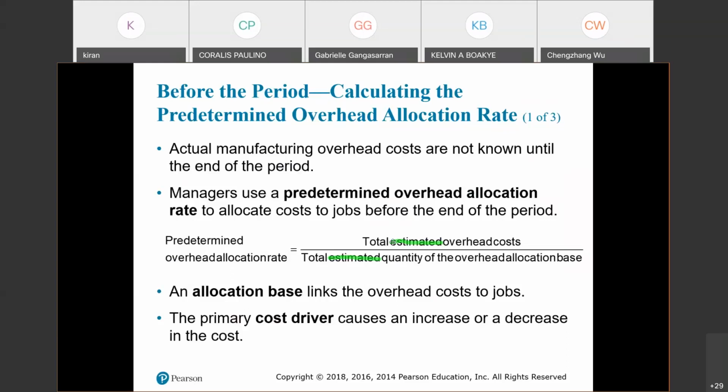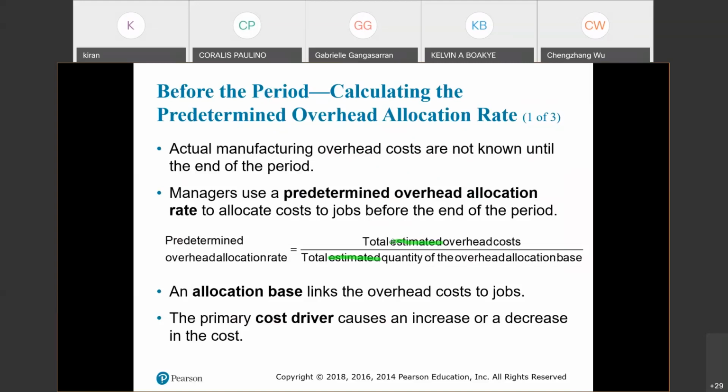Ideally, the allocation base is the primary cost driver of manufacturing overhead. As the phrase implies, a cost driver is the primary factor that causes a cost.